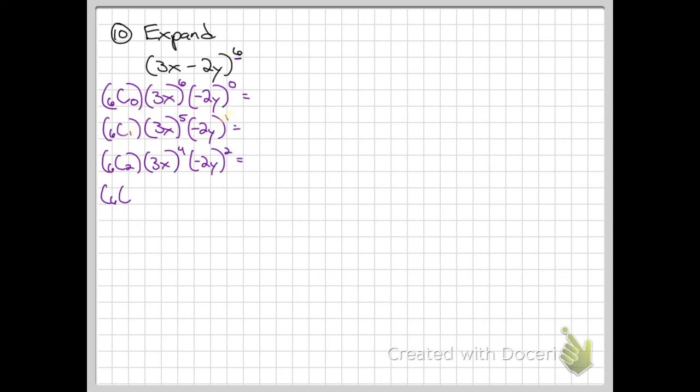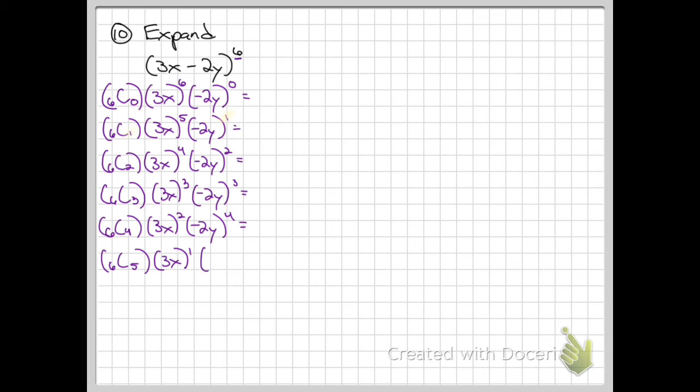I'm going to stop talking. All the way until we get to 6C6, where 3x has no exponent, and the negative 2y has all 6 exponents.